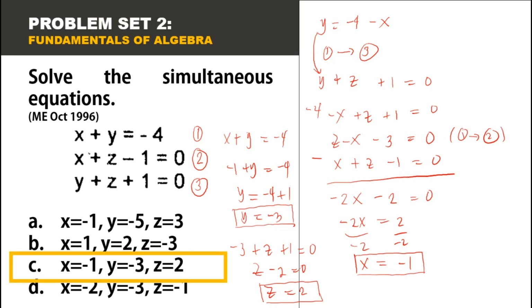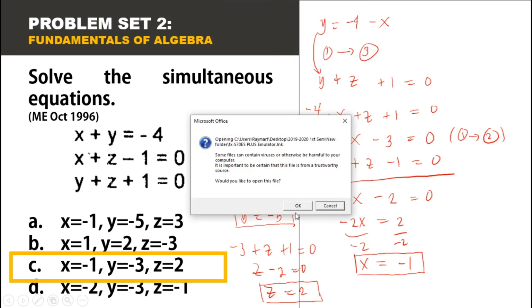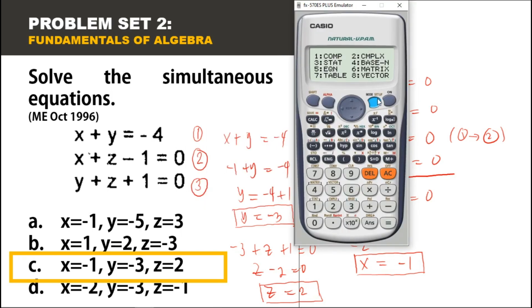That is letter C. We can also use our calculator technique to solve this. So let's open our calculator. Here we can use mode equation, that is 5. We have here 2, that is for 3 equations, 3 unknowns. The position of the constant is after the equal sign.